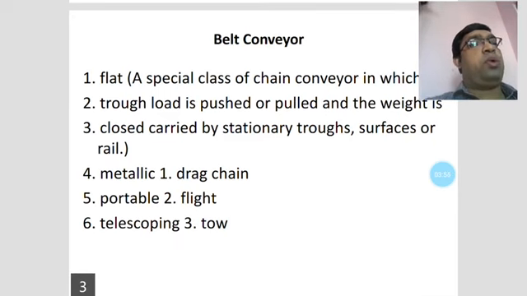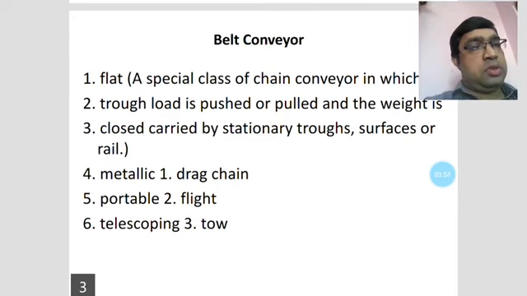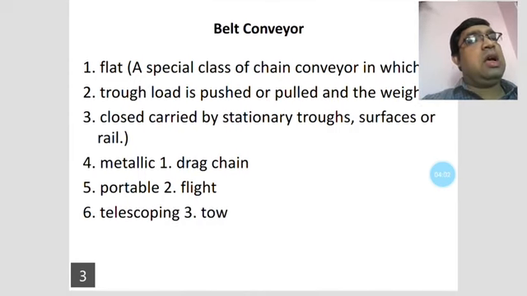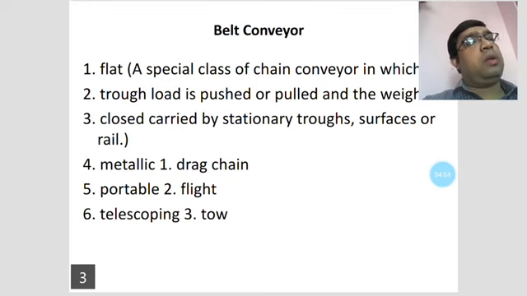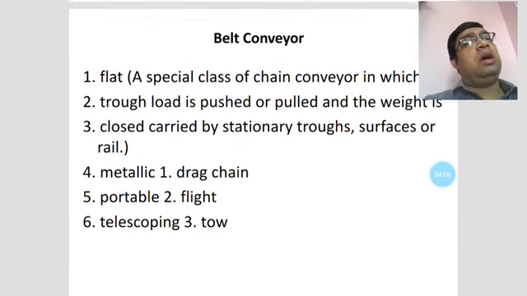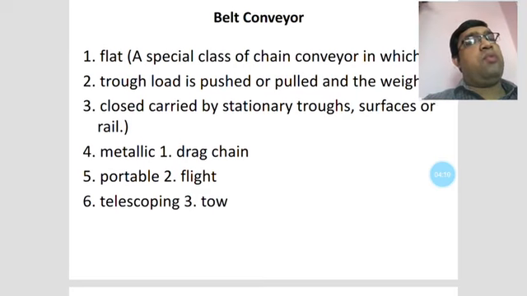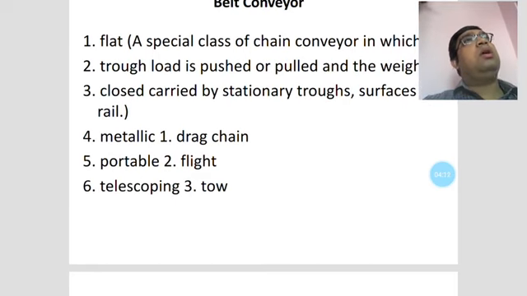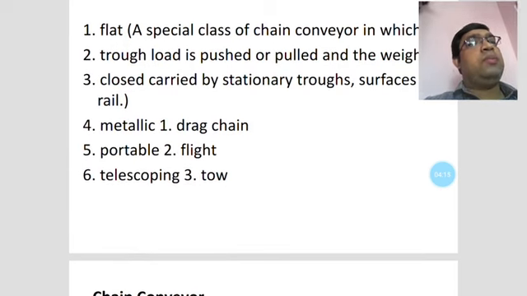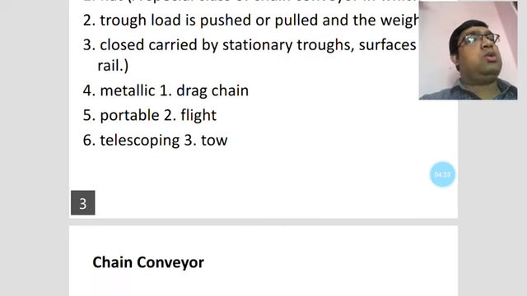You can see this at the airport, where we check materials and also check the bags and baggage, and they are passed through a conveyor belt. Similarly, at different airports and immigration places we can see this type of belt conveyor available, and the closed carried stationary belt is also mainly used.